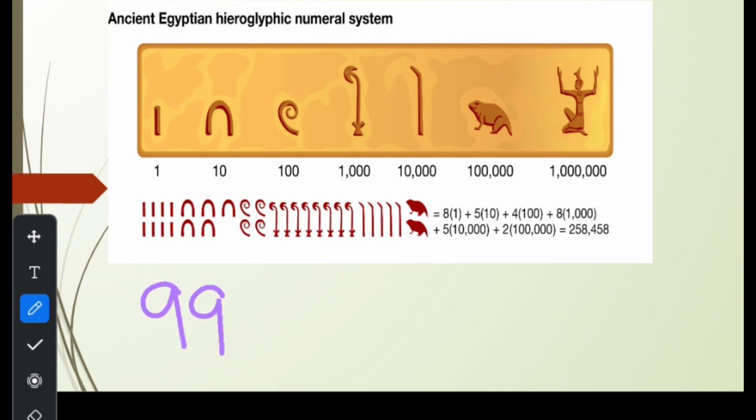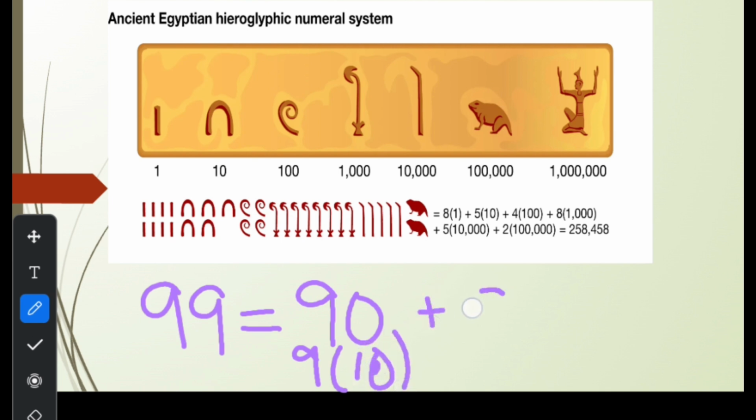In order to express 99, they needed 9 humps plus 9 strokes. That makes a huge number, and it was again a problem for mathematicians until a new symbol evolved, which was a coil that is used to express 100.